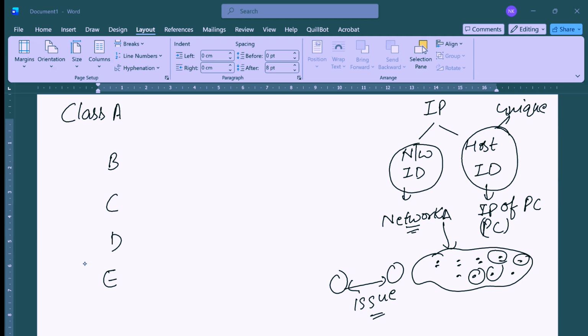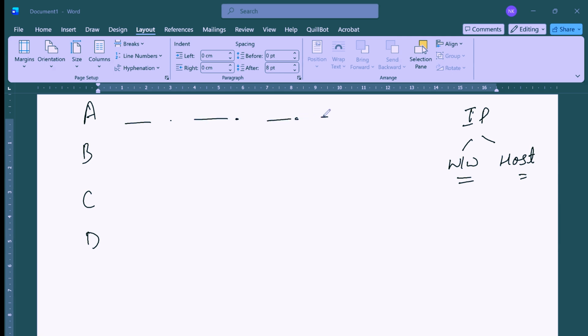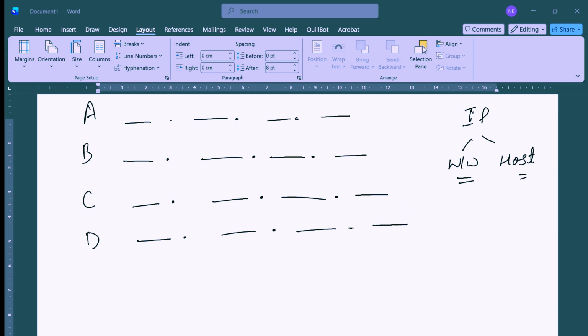Whenever you talk about the different classes A, B, C, and D, every IP will have two parts, network and host. Now, how is this segregation done? Every IP address in IPv4 will have 4 octets, whether it is A, B, C, or D. So, what is the difference?